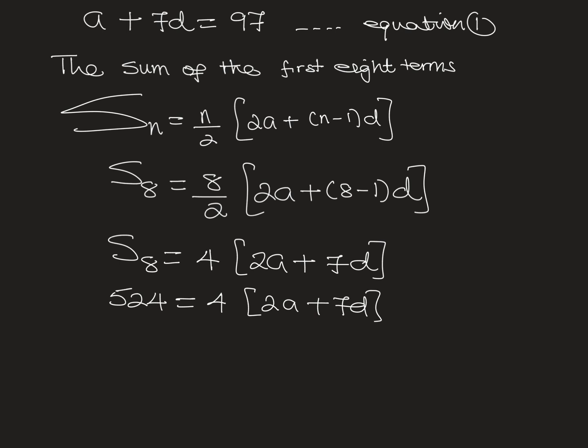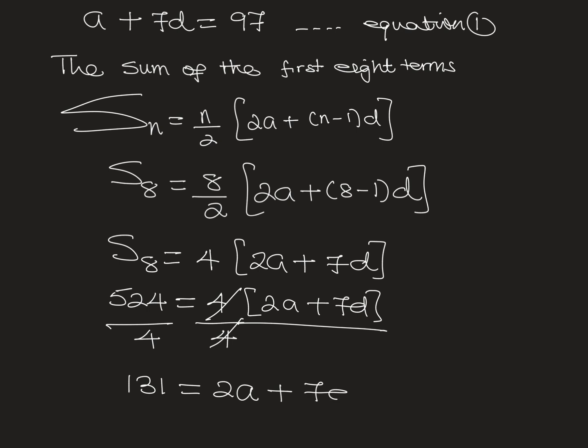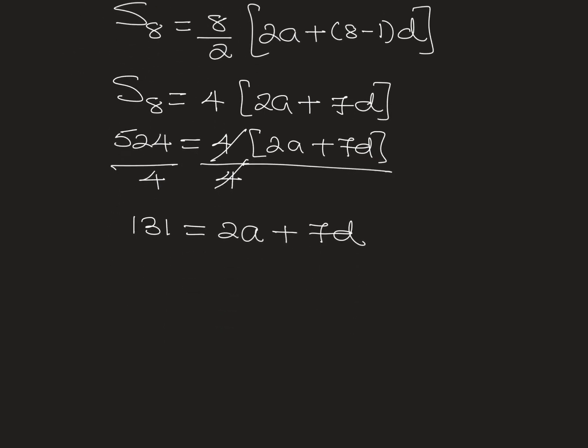We can simplify this by dividing both sides by 4. When we do that, this cancels this. 524 divided by 4 is 131. So 131 is equal to 2a plus 7d. That is to say, 2a plus 7d is equal to 131.